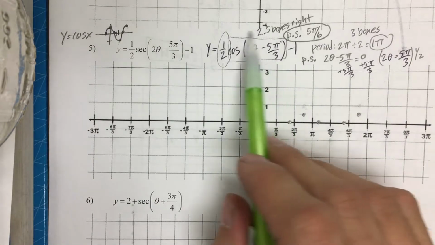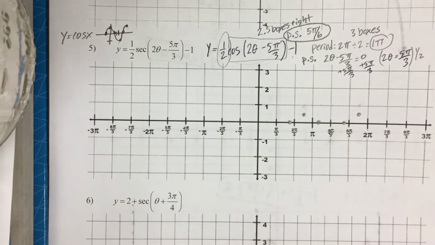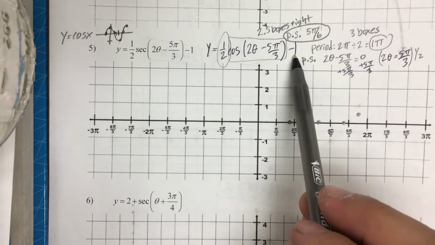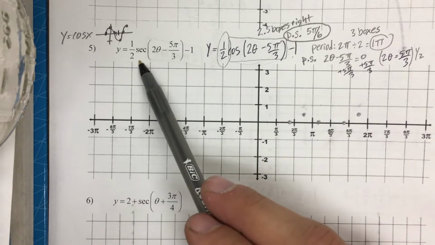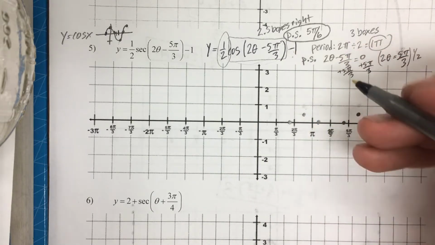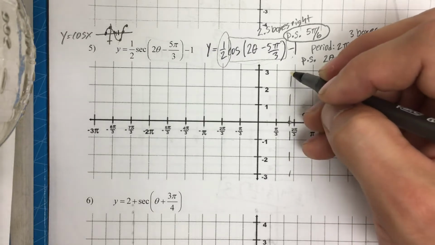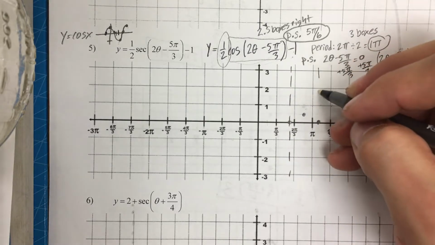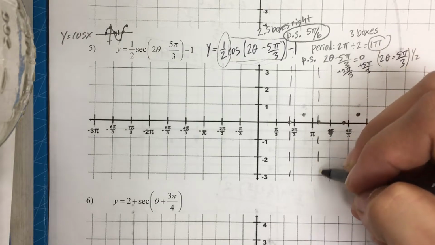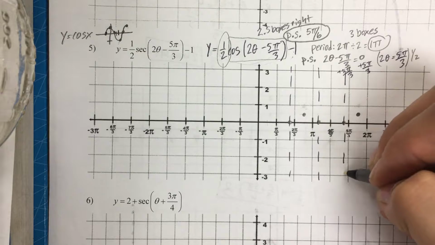So now I've graphed all of this except for moving all the points down one, and we'll do that in a second. But since our goal here is to graph this right here, any place that we have an x-intercept now, before we vertically translate it, we're going to turn into a vertical asymptote. So I'm going to have a vertical asymptote here, here, and here, okay?